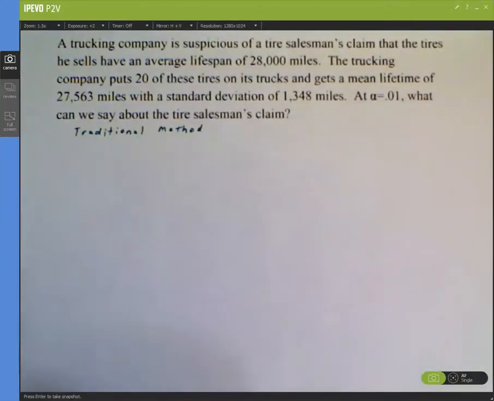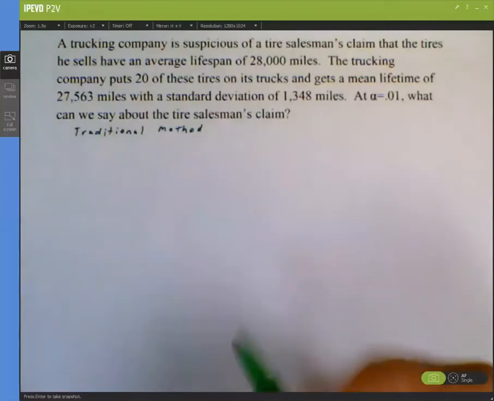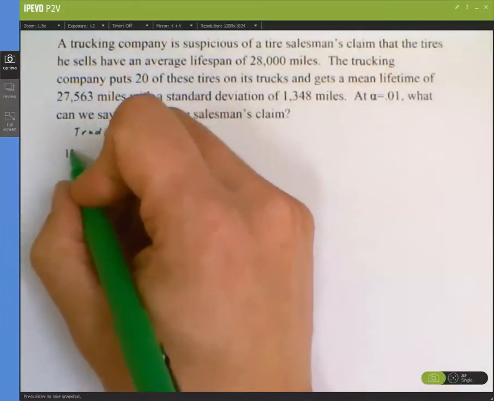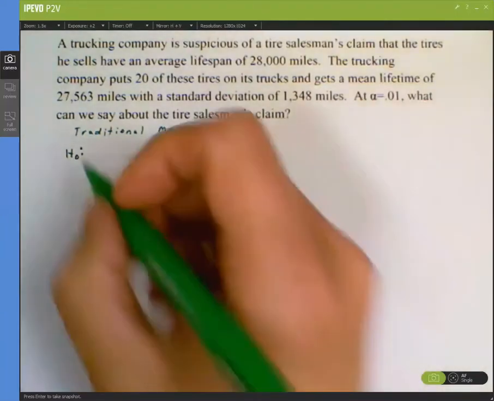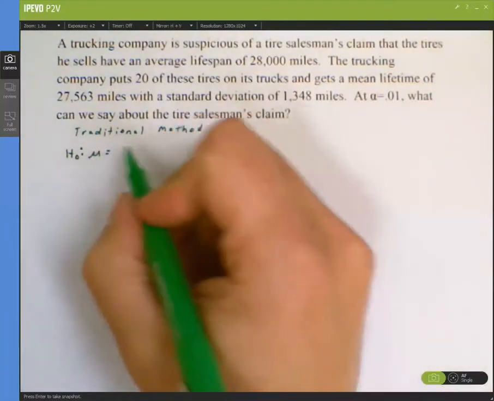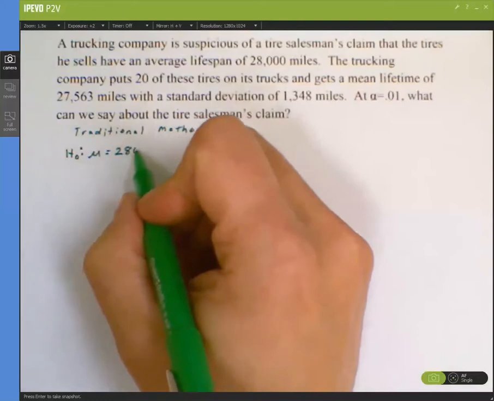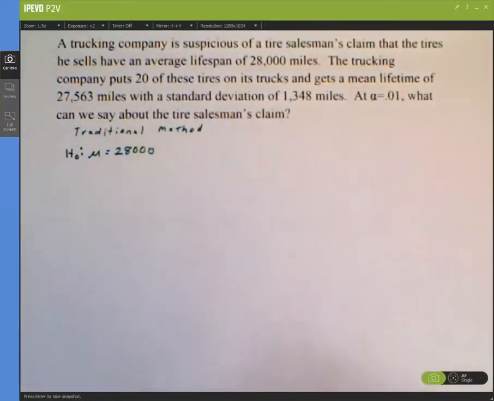So, traditional method. First step we need to do is state our hypotheses. So, H0, our null hypothesis, is that the tires have an average lifespan of 28,000 miles.